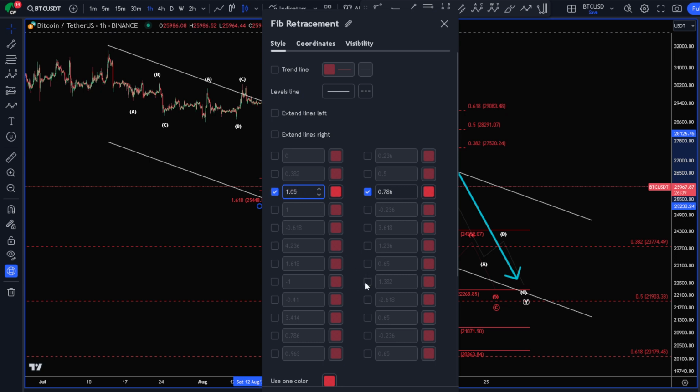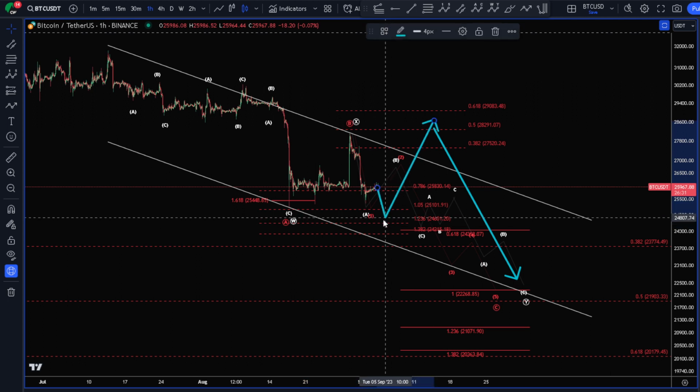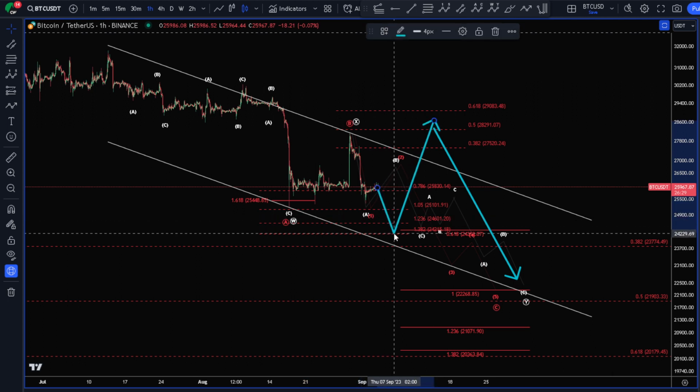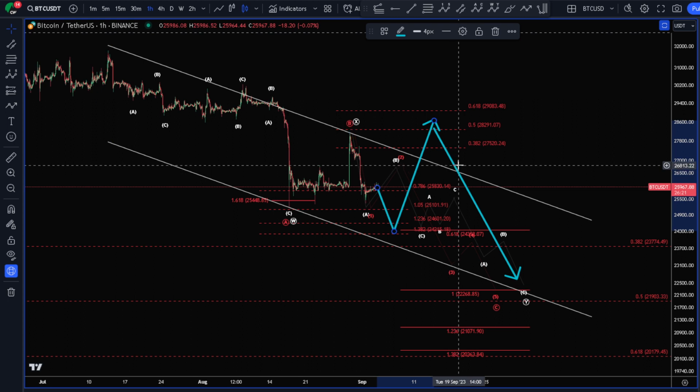And then we'd have the 1.382 and the 1.236. So we could get this B wave all the way down to the 1.236 at like 24,230-ish. We can still get this rebound up, or this would just be a bigger correction.